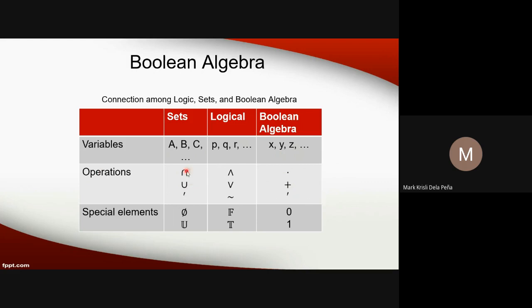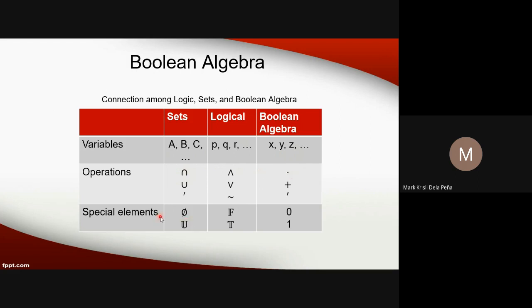Which means the intersection symbol can be expressed with this symbol in logic, and this symbol is just equivalent to this symbol in Boolean algebra. So this intersection is just equivalent to conjunction in logic and equivalent to AND in Boolean algebra.